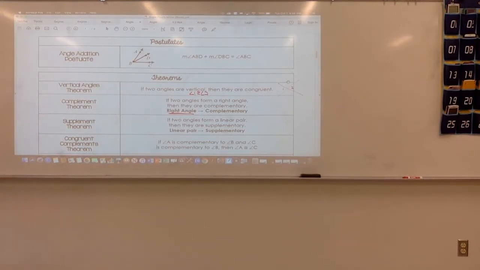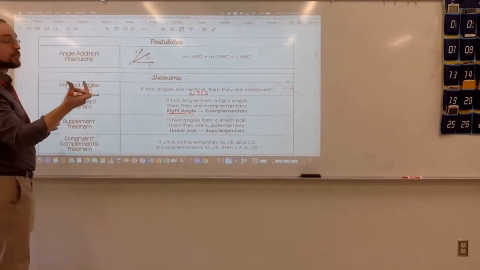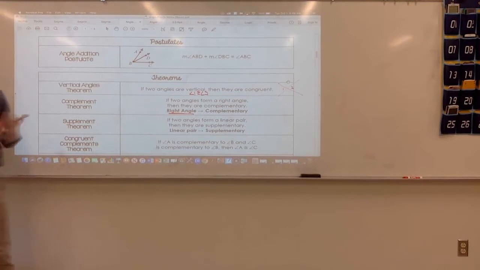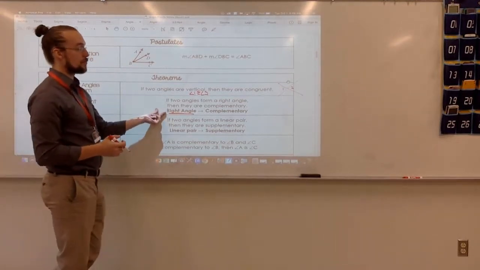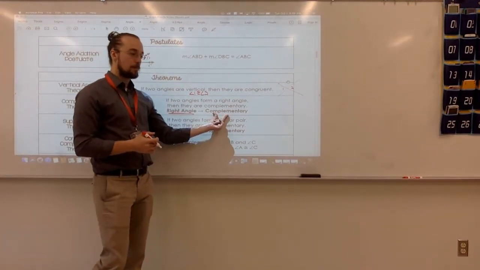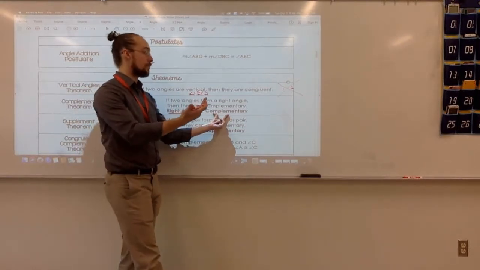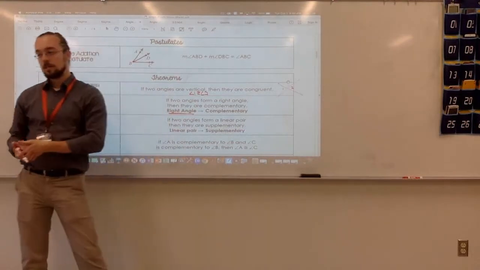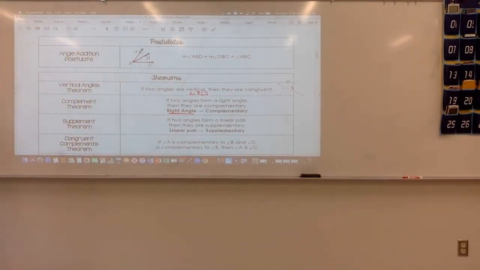So that's not quite the definition of complementary. Definition of complementary is saying if they're complementary, then they add to 90. This one is saying if I know that they form a right angle, then they're complementary. So then we could use the definition of complementary as a next step to say if they're complementary, then they add to 90.